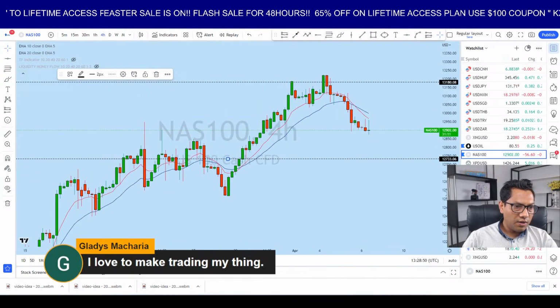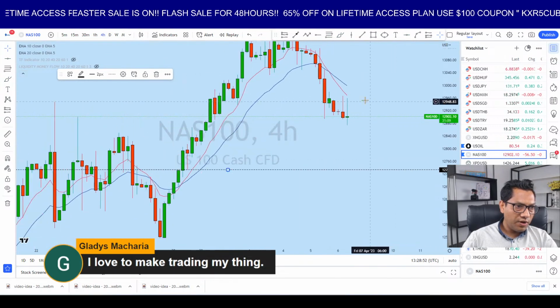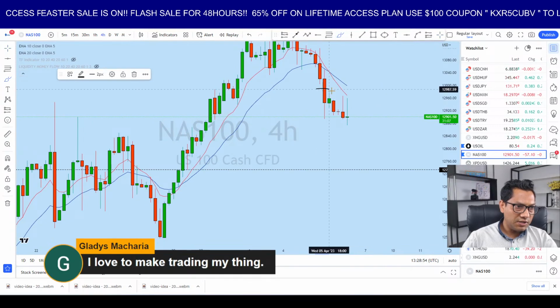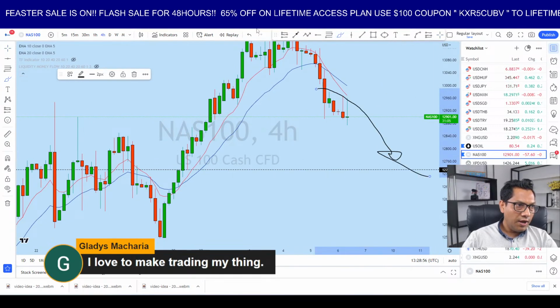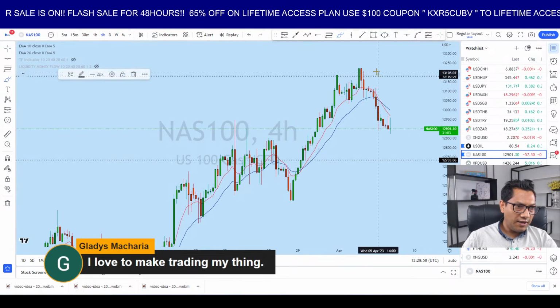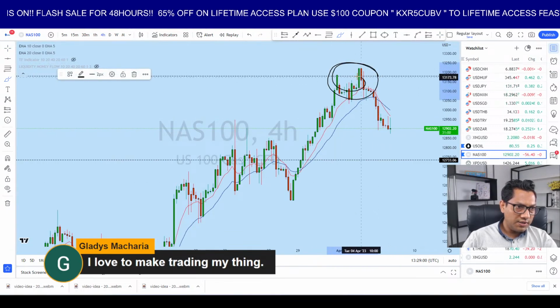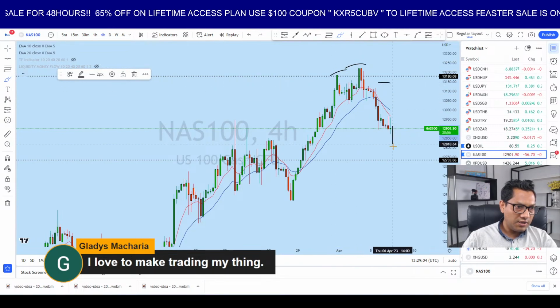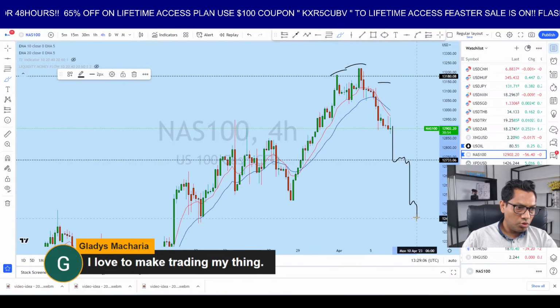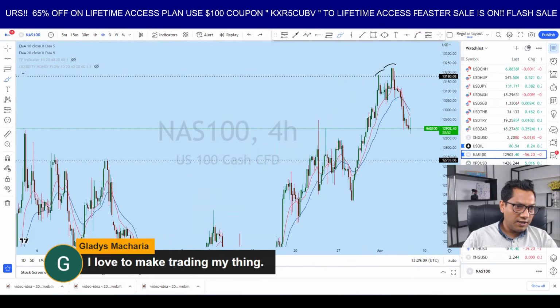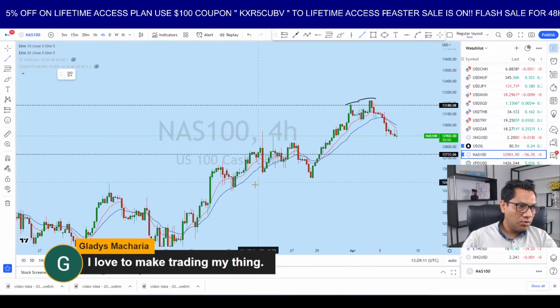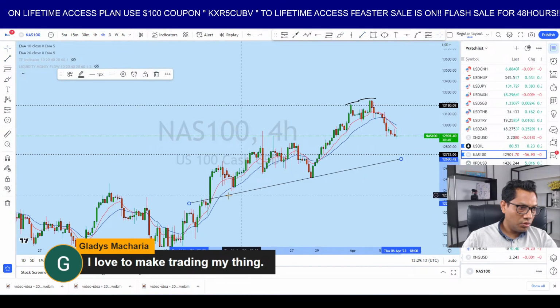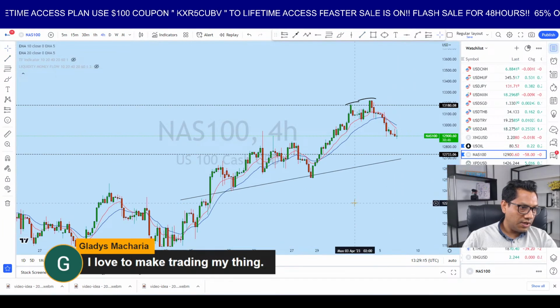From the lower time frame, we see that the price is creating a series of lower highs in that zone, and there is a head and shoulders in that area on NASDAQ. With that head and shoulders creation, I think NASDAQ will continue to drop, and highly likely it will come down to this support zone.